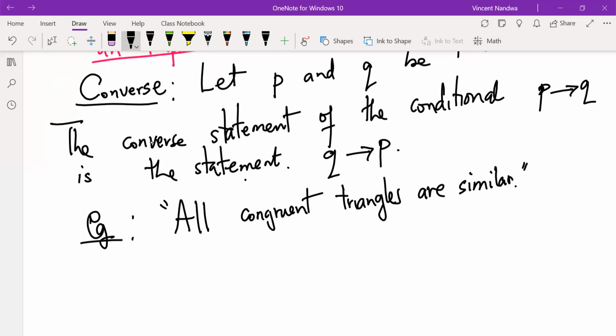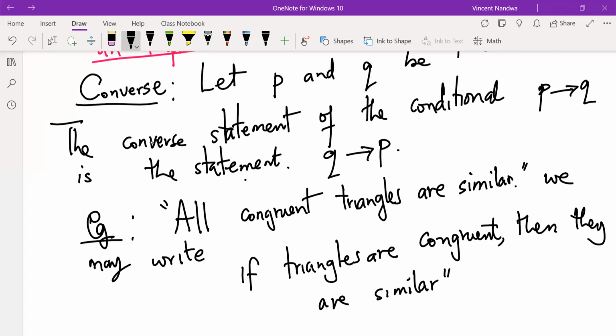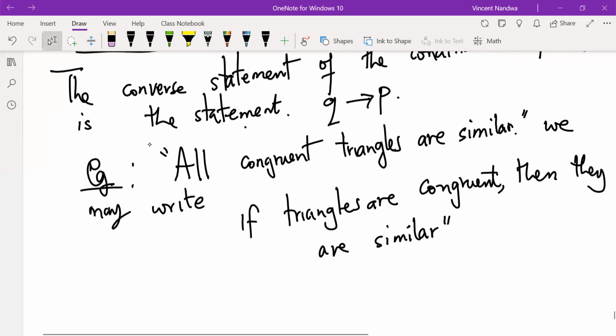We may write that if triangles are congruent, then they are similar. So this is the implication statement.